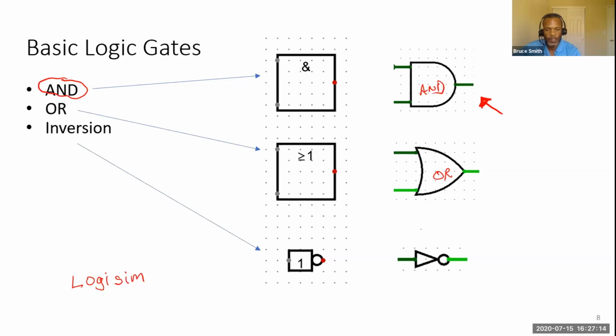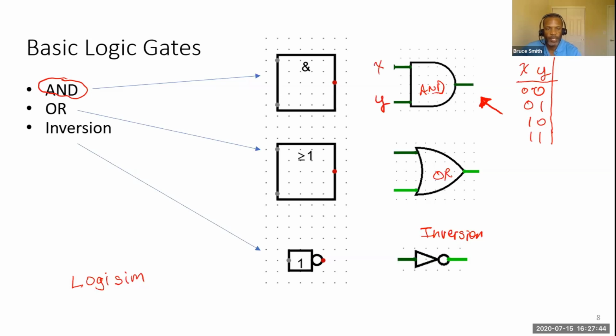And then this one here is the NOT gate, or the inversion. If you look at the AND gate, I have two inputs going into it, X and Y, and I only have 4 different combinations that I can bring in, starting with 0, 0.